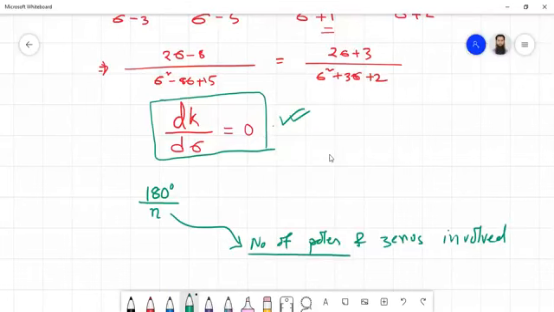So this is always true, always 2. Either 2 poles are merging together, or from 2 poles it is going to the zero. In the real axis this is happening. So it is always 90 degrees, so 180 degrees divided by 2.